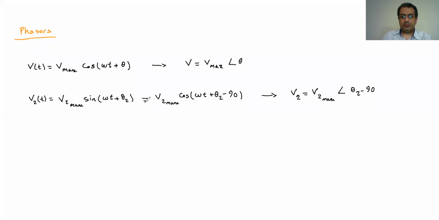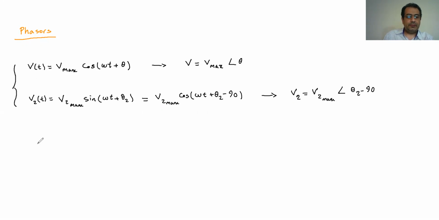So basically remove the omega t, and whatever is left is going to be there. So even if we have it as a sine, we can still write it as a phasor just by removing the omega t, keeping the theta, but subtracting 90 degrees from that. So these are, for example, for voltage.